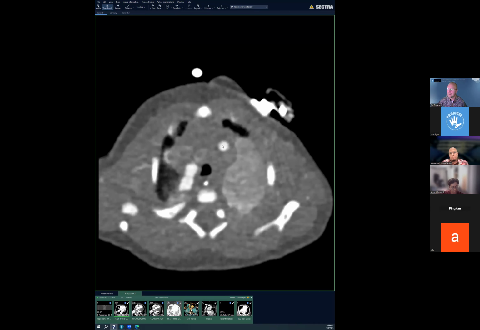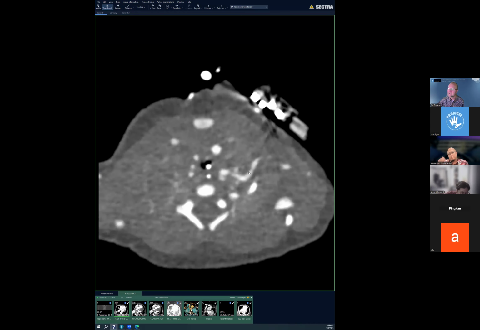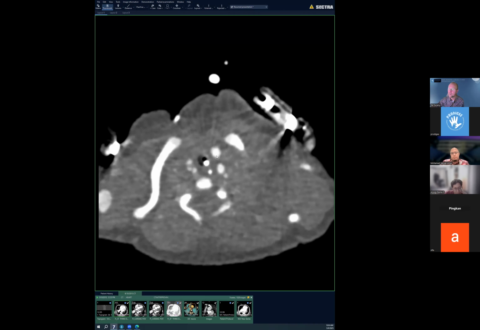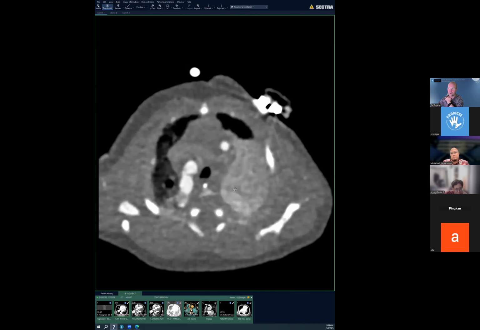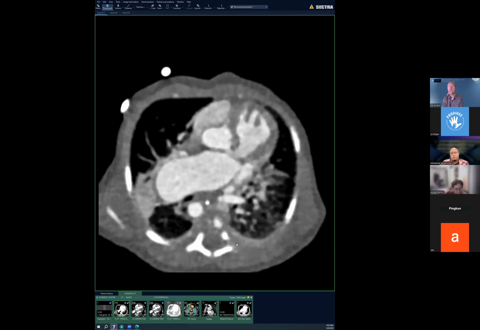So this was going to be a right arch with mirror image branching, because from the distal arch, we only have a subclavian and the right common carotid coming. So I think this subclavian is probably connecting here. I can't prove it to you for sure, but this is probably a right arch with mirror image branching, which goes along with tetralogy of Fallot. It has a very strong correlation with tetralogy of Fallot.